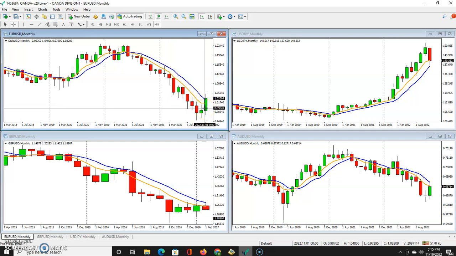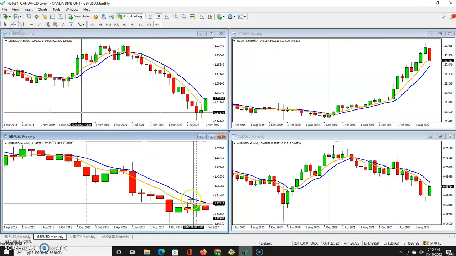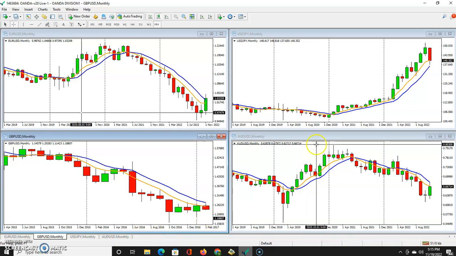price is at 1.03209. Over here at the British pound, price is 1.1807.